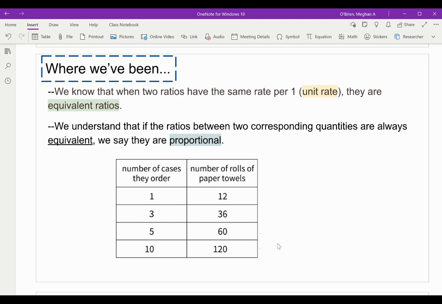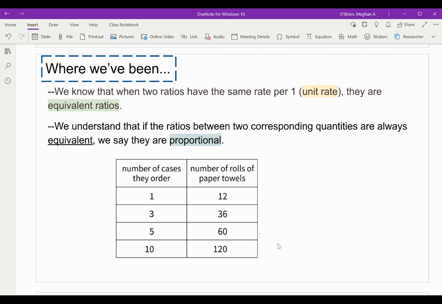Here's the table that you did the discussion post on last week, with your noticings and wonderings. It's an example of a proportional relationship. Many of you pointed out that for every one case, there would be 12 rolls of paper towels, and you noticed patterns within the table, which is fantastic.